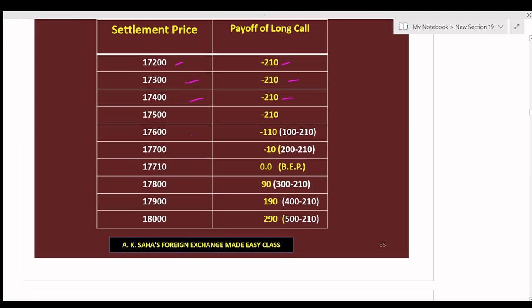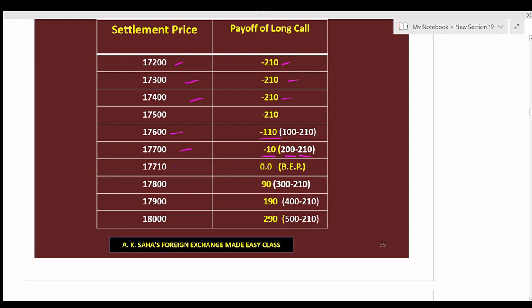Next comes 17,500, it will be a loss of 210, and where it is 17,600, you make a profit of 100, but the premium paid is 210, the net loss will be 110. At 17,700, the profit will be 200, minus 210 is the premium, so loss will be 10.